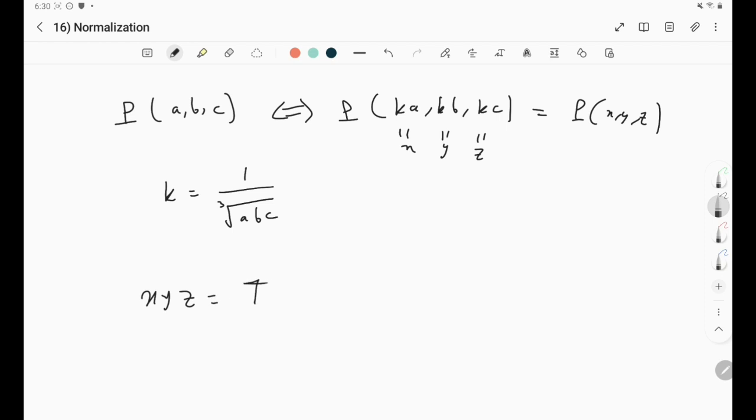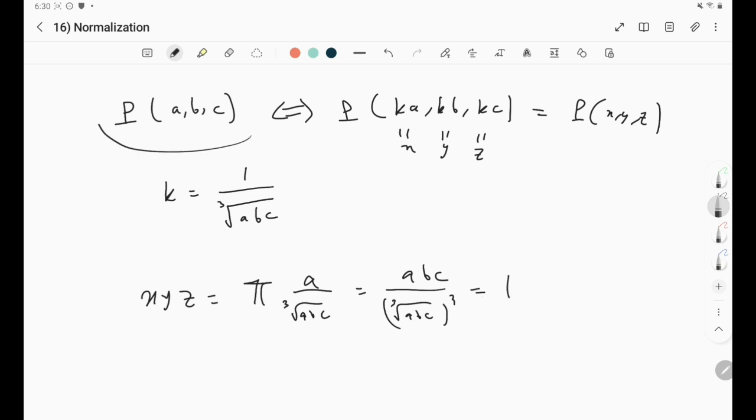It's actually abc over the cube root of abc cubed, and that's actually 1. So guess what? Now, instead of proving the original homogeneous inequality, we'll be working with a new inequality, but with a condition such that the product of the numbers is 1. Of course, the new inequality is not homogeneous, but at least we have a condition.